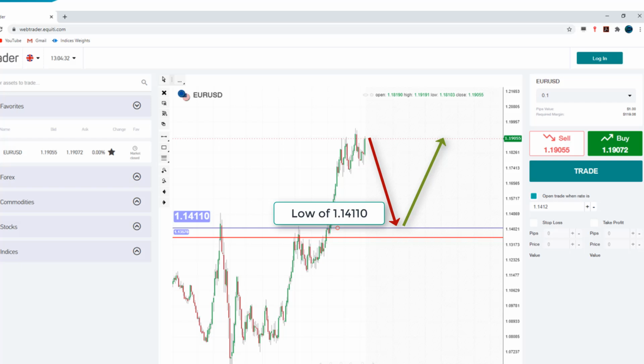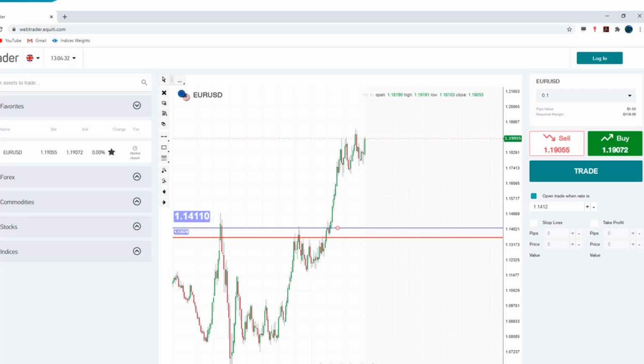Because when we are buying from a willing seller, we are buying at the ask price, and the ask price would be 2 pips above the bid price. In this case, it would have been at 1.1413.